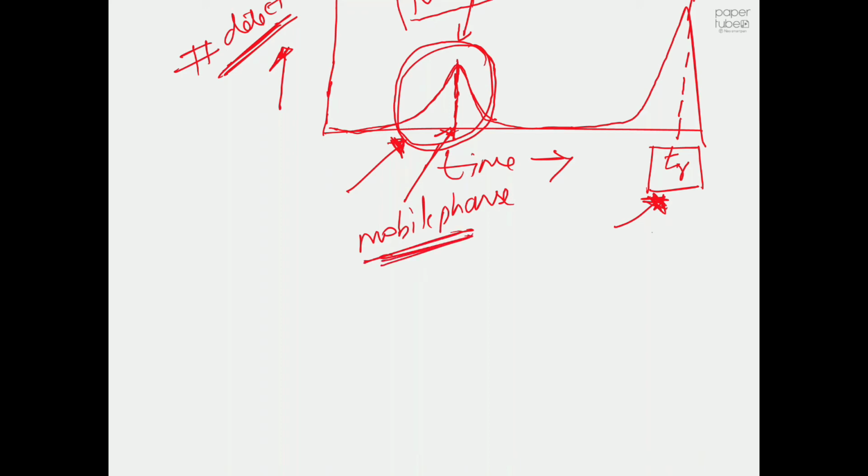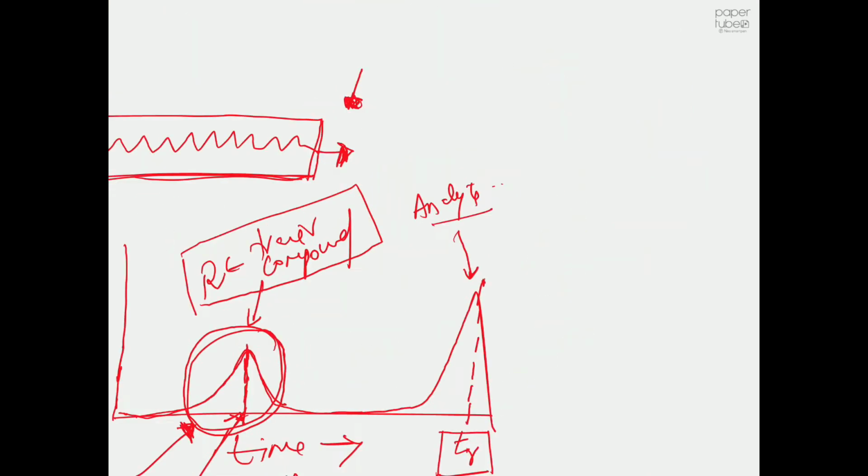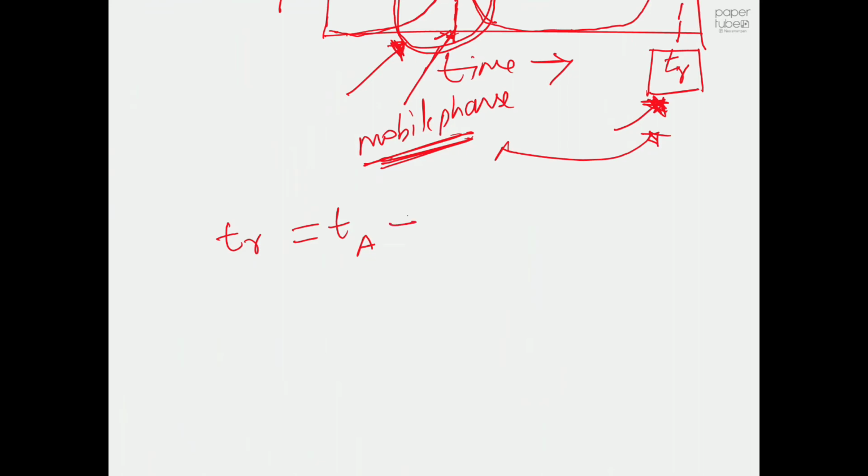So if you want to calculate the time spent by your analyte only in the stationary phase, you can subtract this value. We know retention time is the time spent by analyte A in the stationary phase plus the time spent by analyte A in the mobile phase.